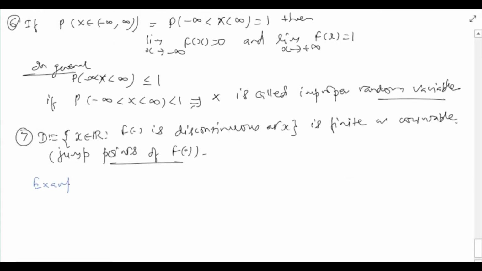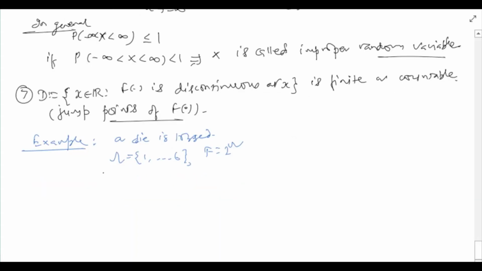For example, let us recall the random experiment of a die being tossed. Here sample space was 1 to 6. Let us assume the event space to be the power set of omega and consider the random variable X defined as ceiling of omega by 2.